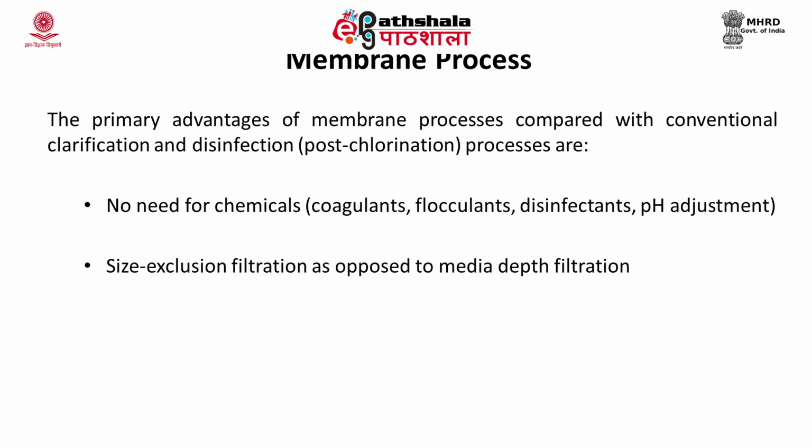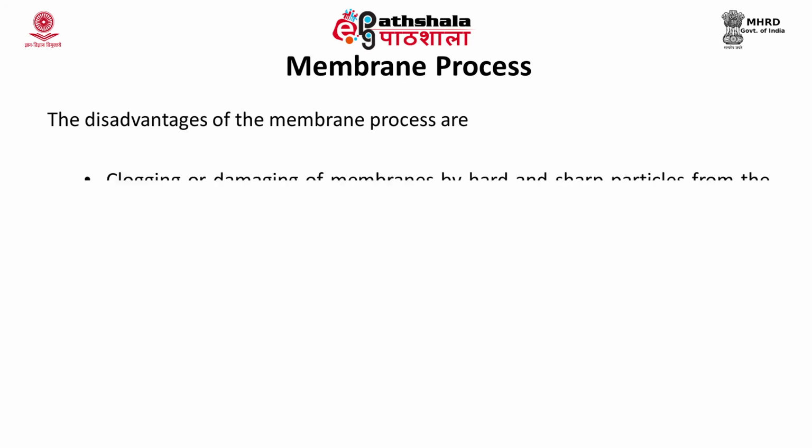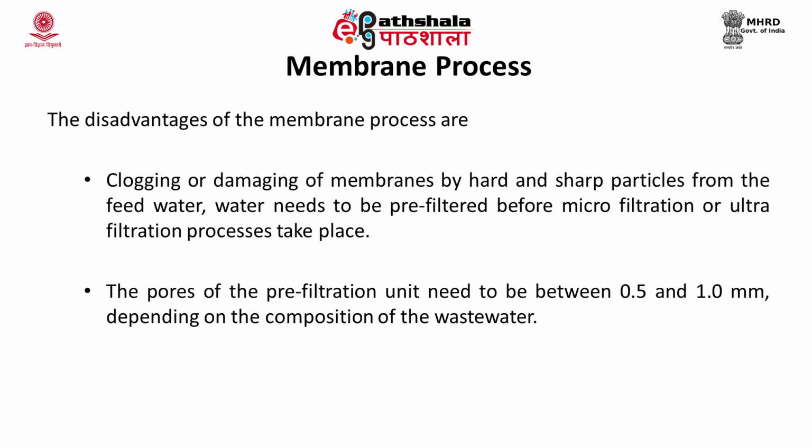This process is simple and automated, but the drawback of the membrane processes is the damaging of the membrane by hard and sharp particles from the feed water. So, the water needs to be pre-filtered before these membrane processes, and depending upon the composition of the water, the pore size can be adjusted in the pre-filter.